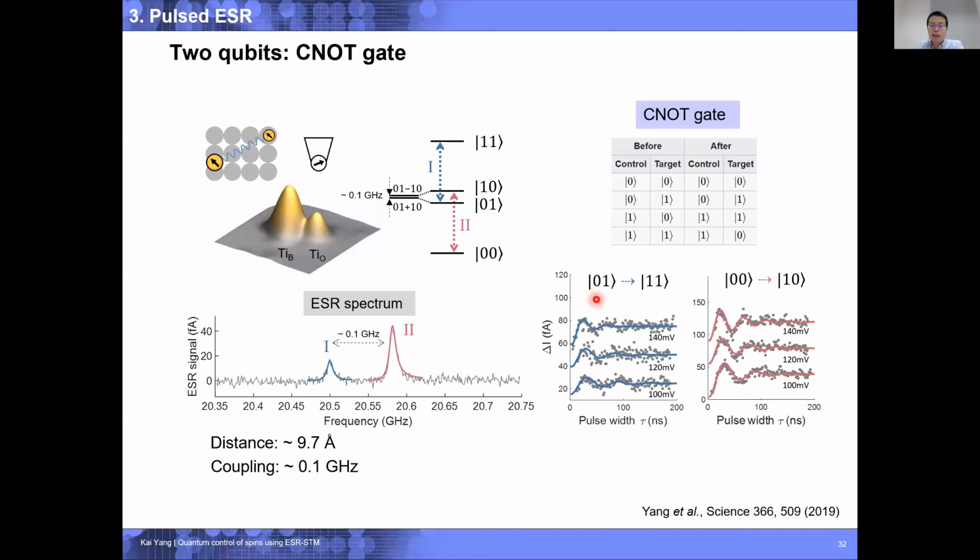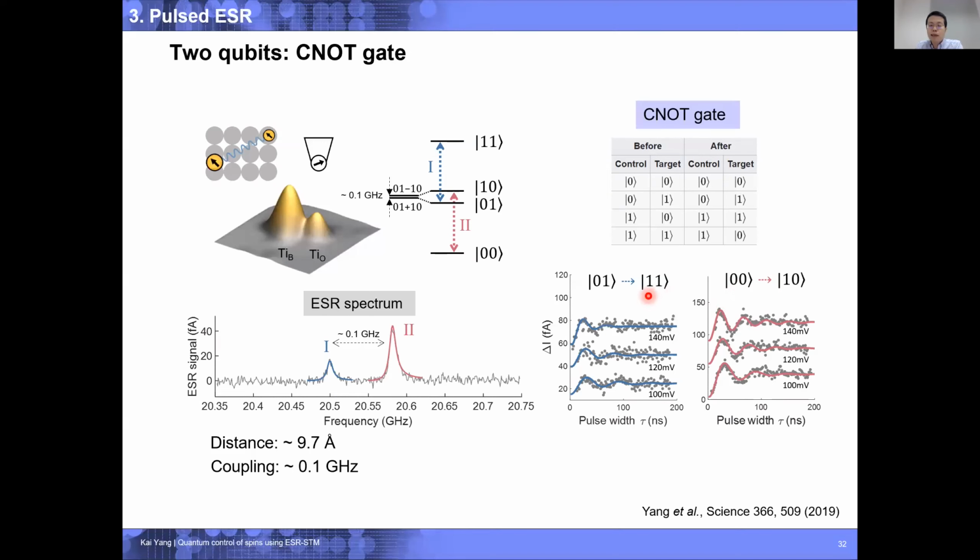Or we can say that this corresponds to a conditional flip of the first spin, which is the spin on the tip, only when the second spin is in the 1 state. Similarly, we can also choose to drive this red transition, which corresponds to a conditional flip of the first spin, only when the second spin is in the 0 state.